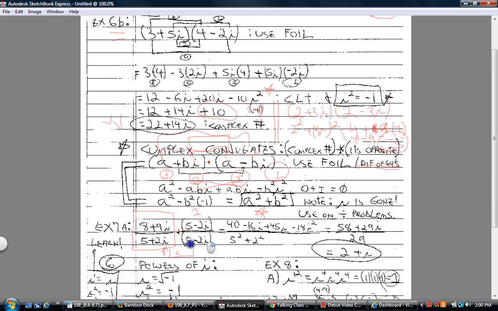You're going to multiply the denominators. And so the shortcut is to take the first term, square it, which is 5 squared. Take the second term, 2i, and square it, which would be 4i squared. Excuse me, I'm just double checking here.